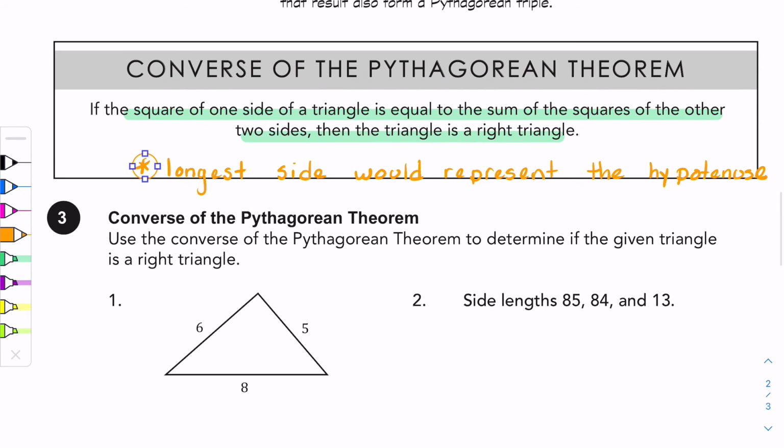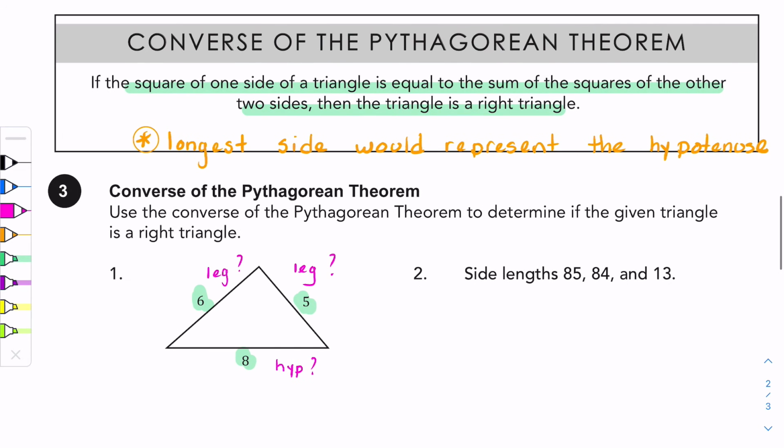In number 1, we have side lengths of 5, 6, and 8. I'm going to label 5 and 6 as a leg, maybe, because we don't know if it's a right triangle, and 8 as the hypotenuse. Again, maybe, because we're proving if it is or if it isn't a right triangle.